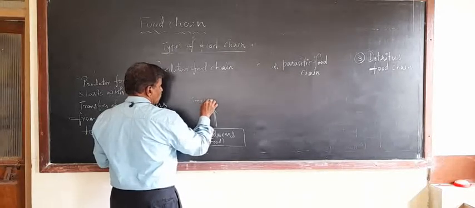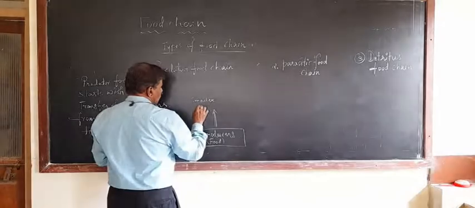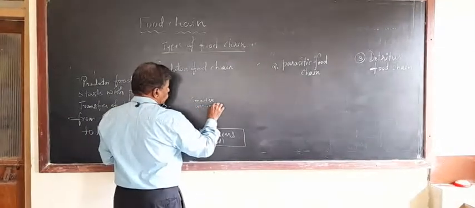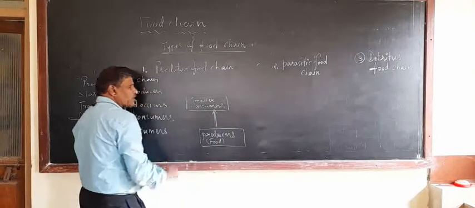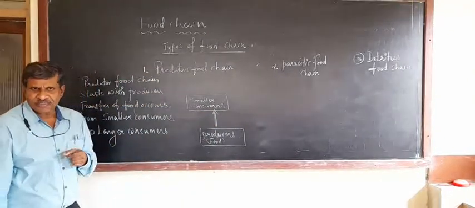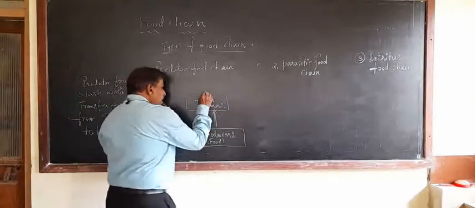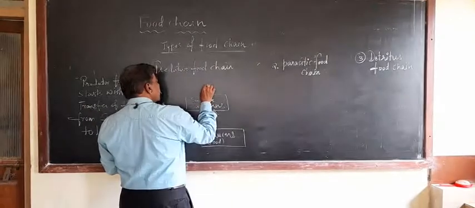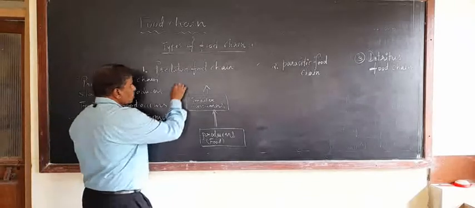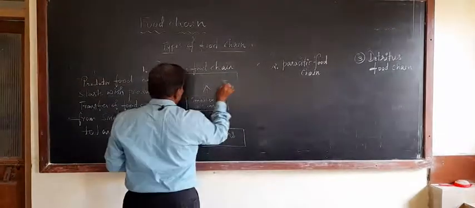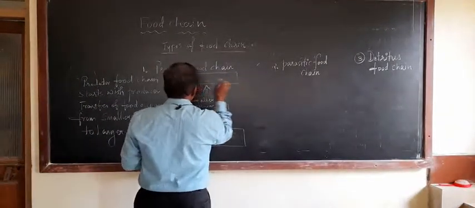Usually these primary and secondary consumers are small in size. That is why we refer to them as small consumers. Then the higher consumers, maybe tertiary consumers or quaternary consumers, are usually larger in size.